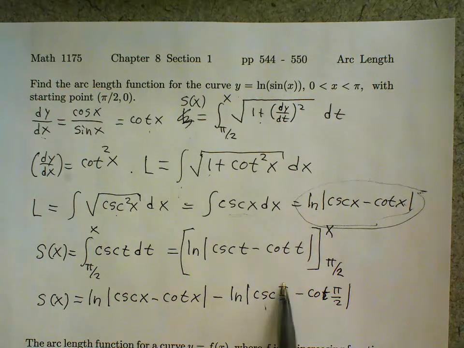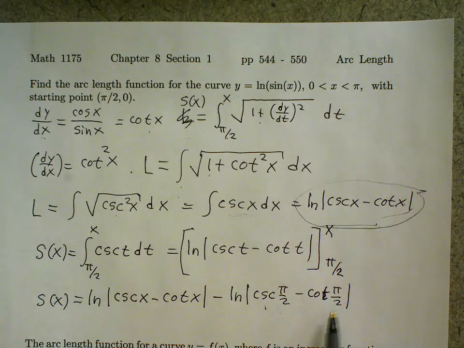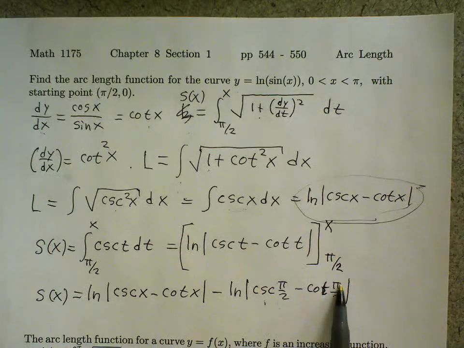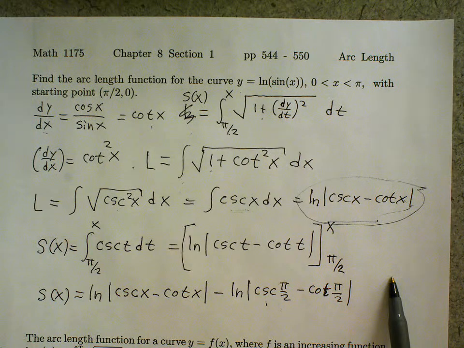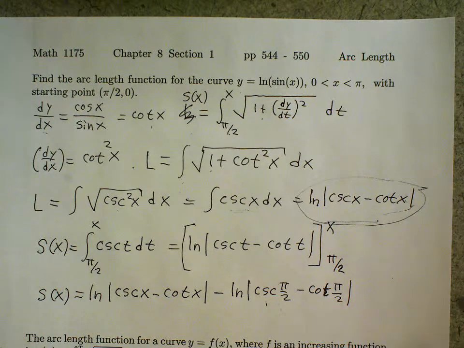Cosecant of pi over 2 is the reciprocal of sine of pi over 2. Sine of pi over 2 is 1, so cosecant of pi over 2 is 1. What about cotangent of pi over 2? Well, cotangent of pi over 2 is equal to cosine of pi over 2 divided by sine of pi over 2, or 0 divided by 1.